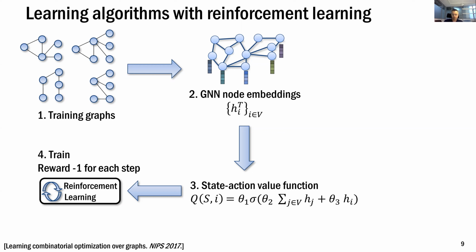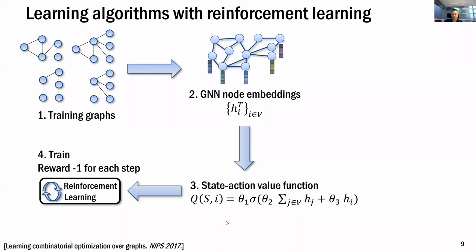You learn the parameters in this action value function together with the parameters in the graph neural net which produces the embedding. After this reinforcement learning process, you will learn a policy: if you take the greedy action according to the action value function, that's going to be a policy.